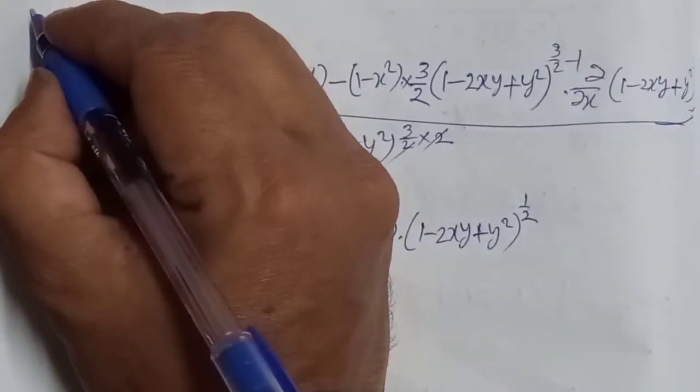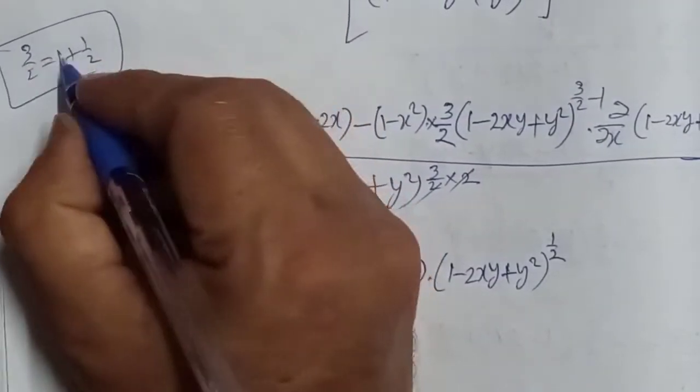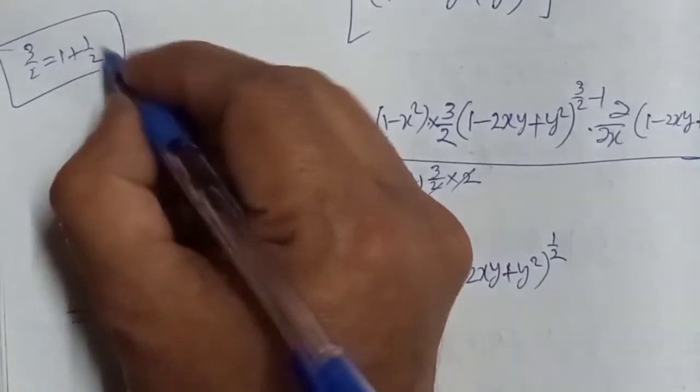I tell that 3 by 2 is equal to 1 plus 1 by 2. Subtract 1, we get only 1 by 2.